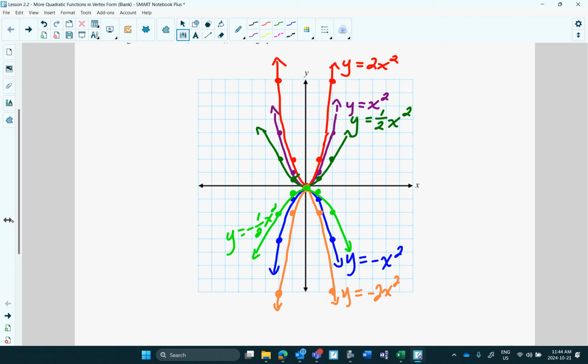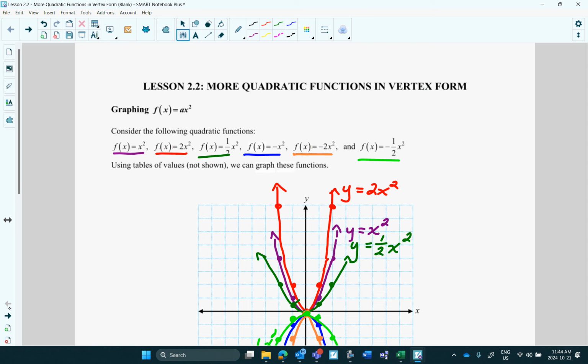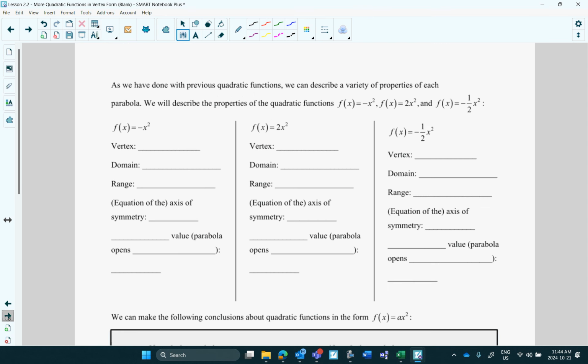So looking at these, let's just quickly review the properties. So what did I do for negative x squared? I did blue. What's the vertex of negative x squared? 0, 0. What's the domain? Never changes.